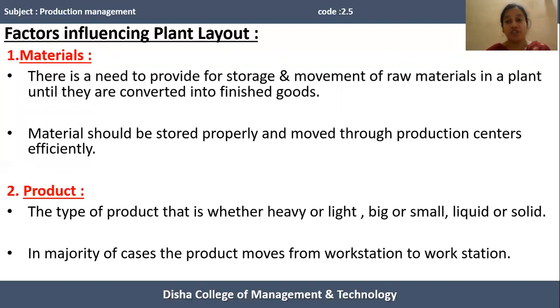So the production manager has to identify which type of material that plant uses, and according to the use of material, he has to make a suitable design for the layout of the plant. And he has to prepare a layout of the plant accordingly.